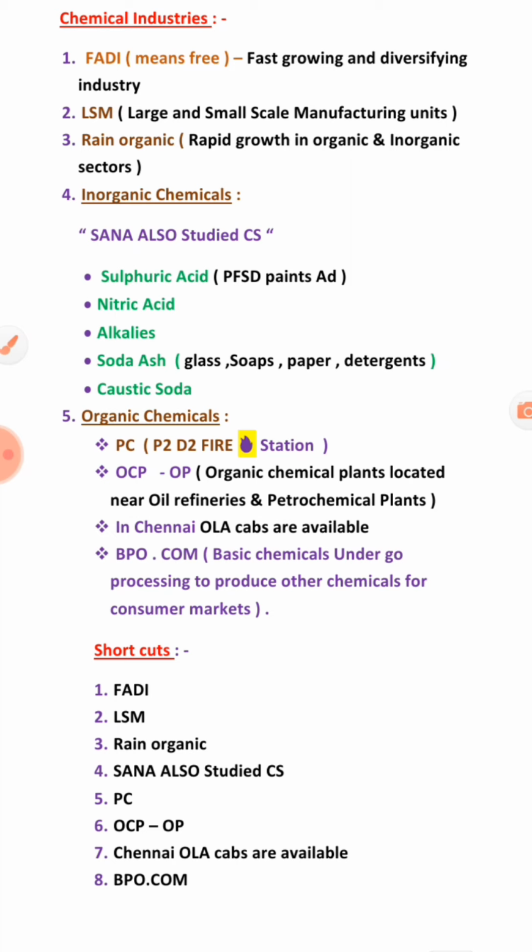Then Fi, that is fibers. Then R represents rubbers, synthetic rubbers. So these are the points given under chemical industry. If you relate it like this, you can write all the points easily and score marks easily.